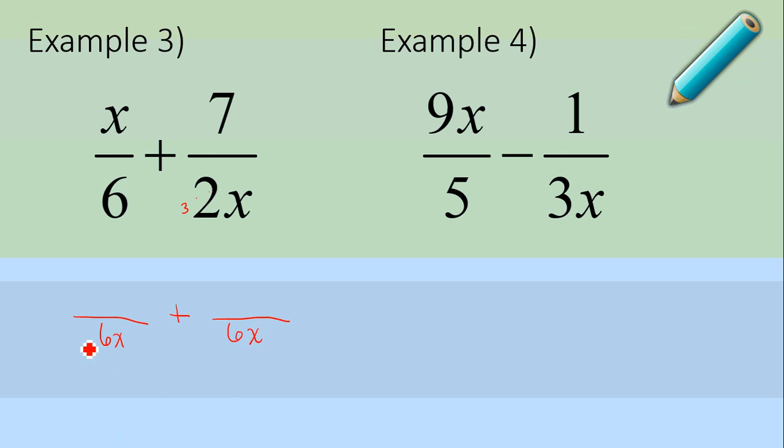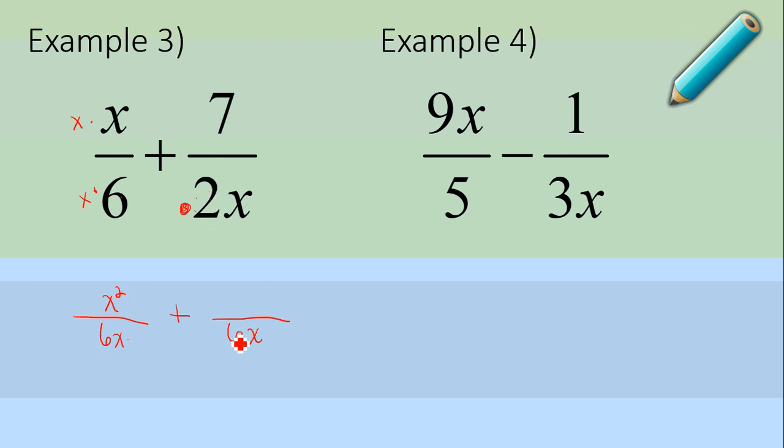So once we decide our common denominator, now we change each fraction by what it takes to make that denominator happen. So notice how this first fraction had a 6 and now it's 6x. That means I have to multiply by x to make that happen. Multiply the top by x as well. X times x gives me x squared. Second fraction, it was a 2x.